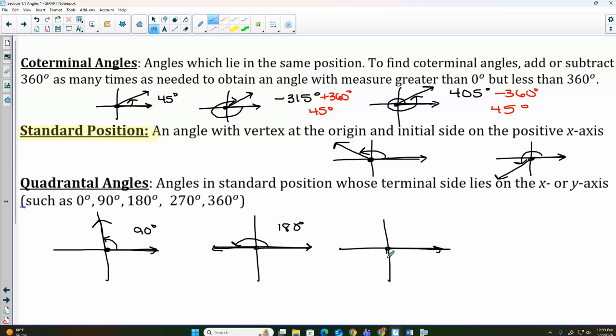Or I could do this one, which would be 270. Or all the way around, that's 360. So basically multiples of 90. Sometimes those are referred to as quadrantal angles because they end on an axis.